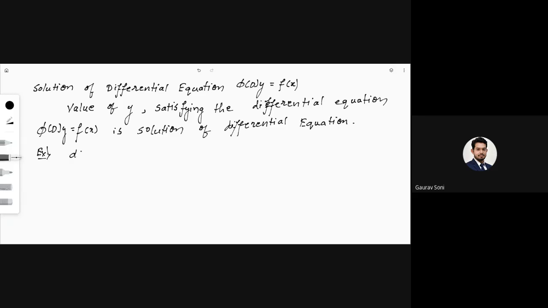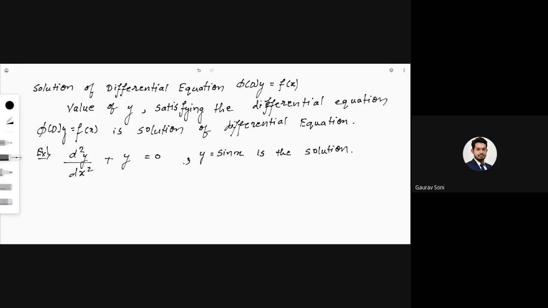Say I will write down d2y by dx square plus y is equal to 0. Okay. Now take y is equal to sin x is the solution. This is my claim.